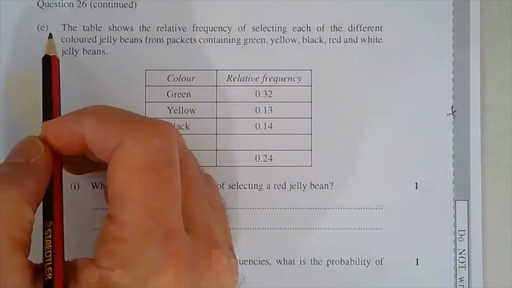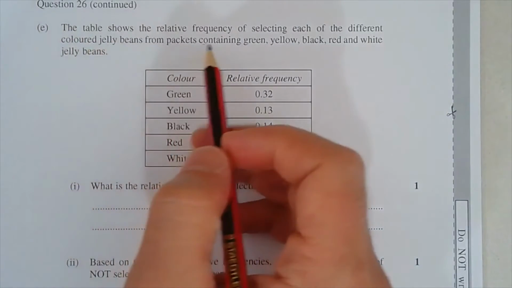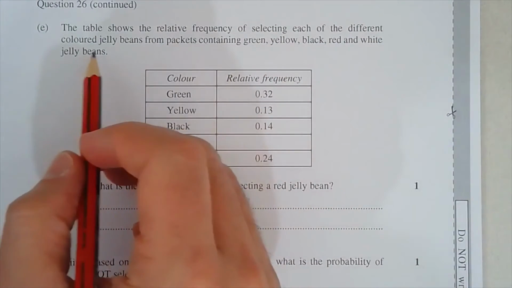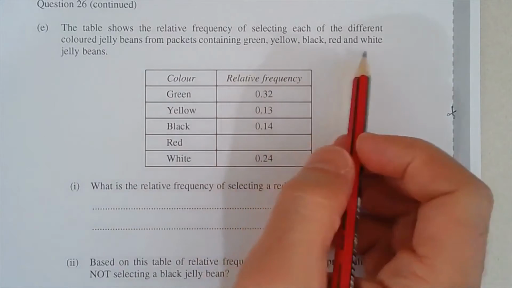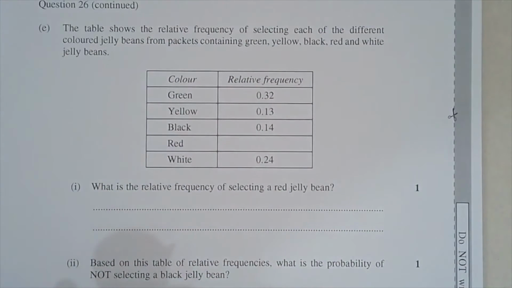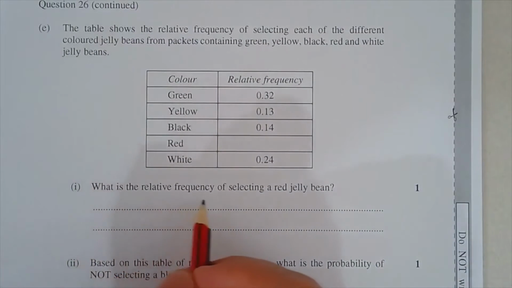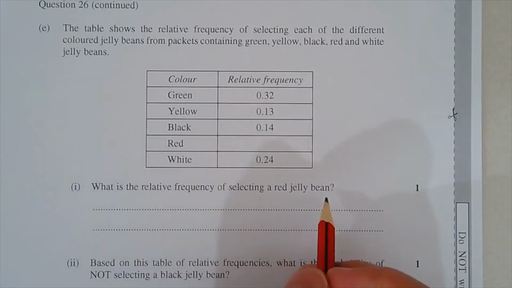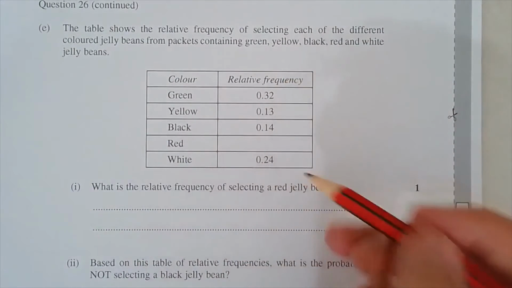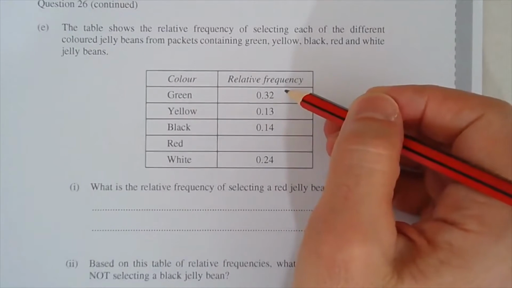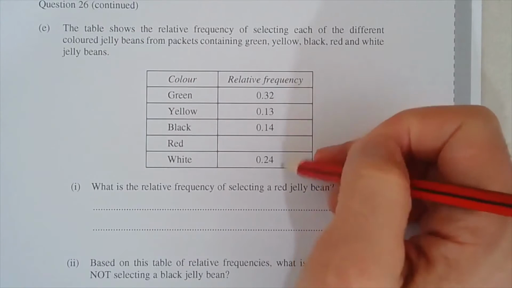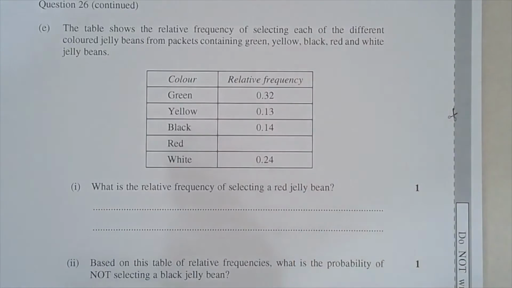Question 26E. The table shows the relative frequency of selecting each of the different coloured jelly beans from packets containing green, yellow, black, red and white jelly beans. Part 1. What is the relative frequency of selecting a red jelly bean? So relative frequency is basically the probability, but obviously determined experimentally, and the sum of all the probabilities of all the possible outcomes should equal 1.